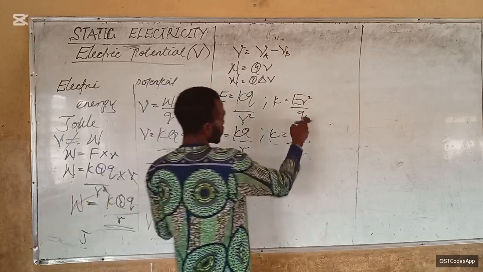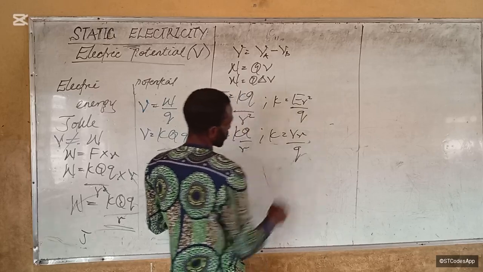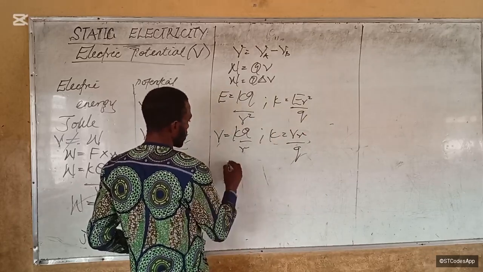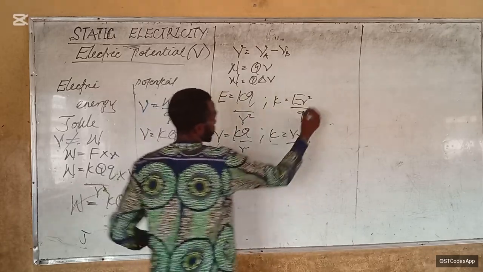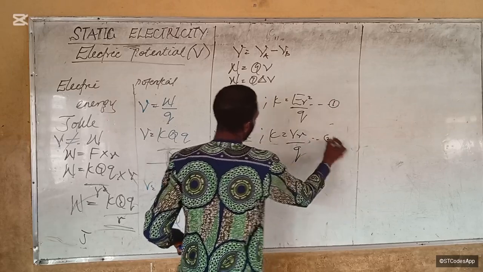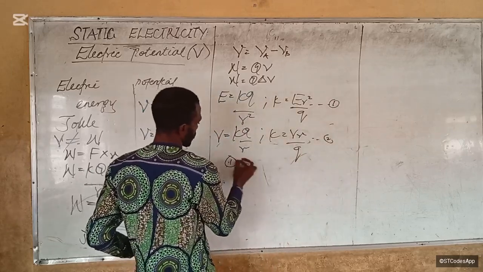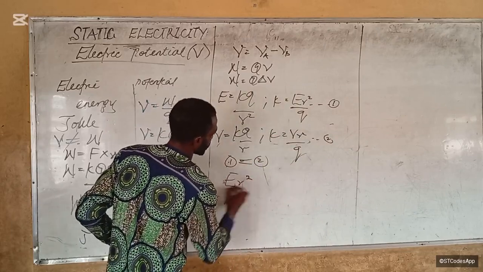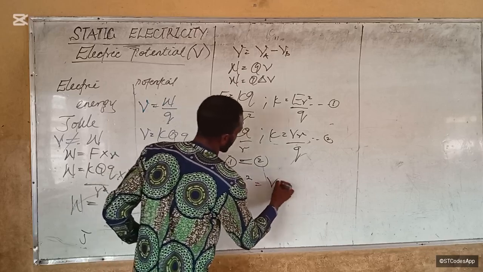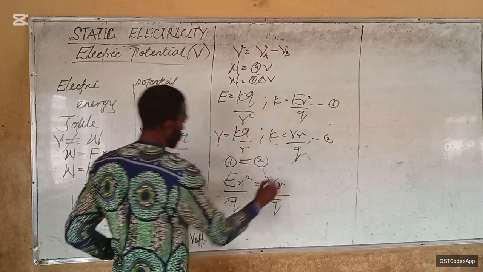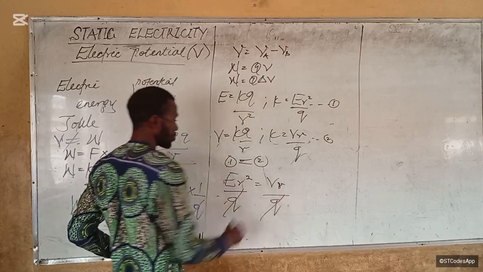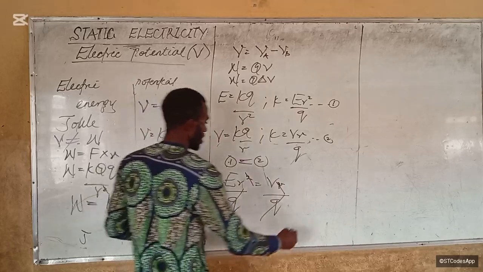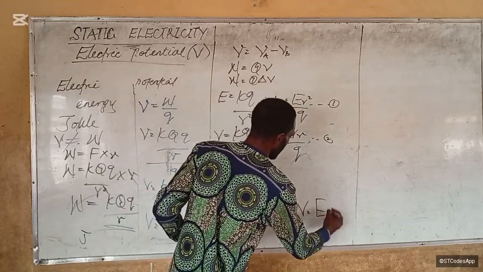If the charges were the same, since K is equal to K, we equate both. Let's call this equation 1 and equation 2. Equation 1 equal to 2. Then we have E R squared over Q is equal to VR over Q. So Q takes care of Q, and R takes care of one R, then we have V equal to ER.